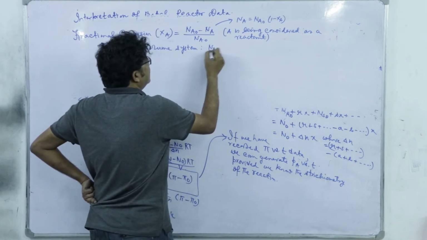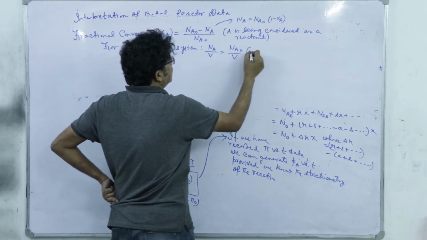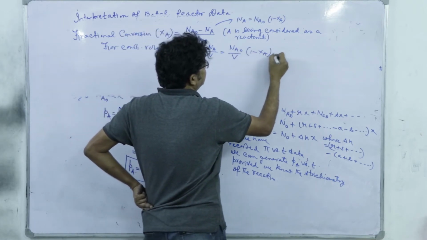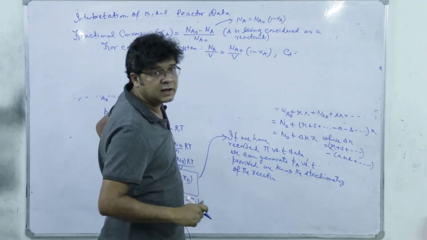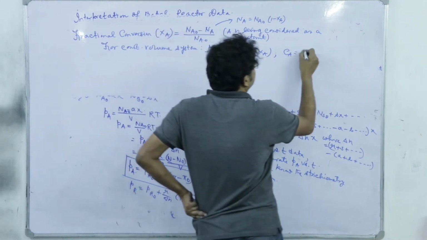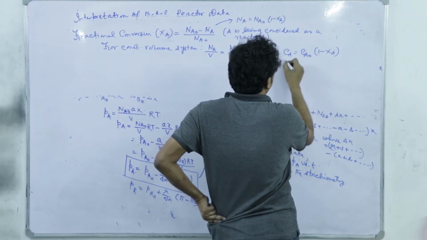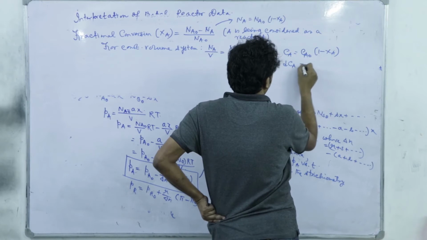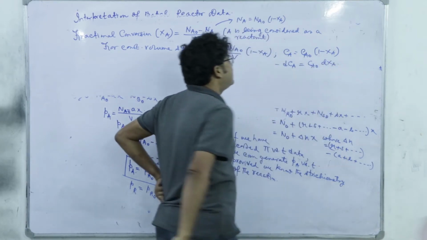So we divide this side by volume and we get Ca, because Na by V, as volume remains constant, is a concentration, and Ca0 is the initial concentration, so Ca equals Ca0 into 1 minus Xa. Obviously minus dCa equals Ca0 into dXa.